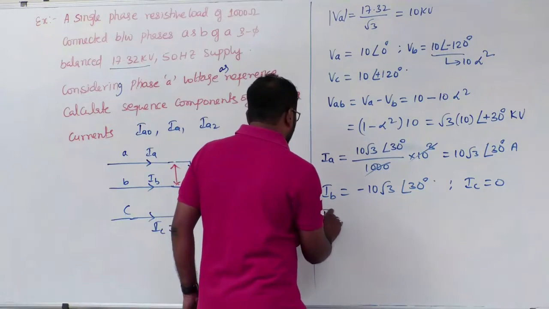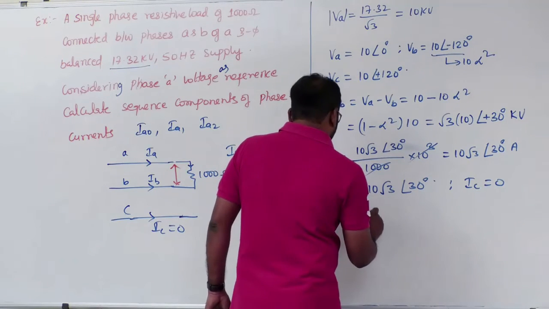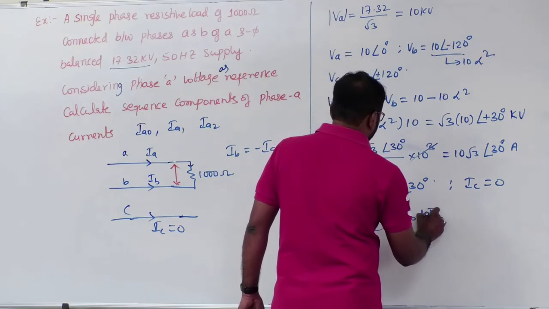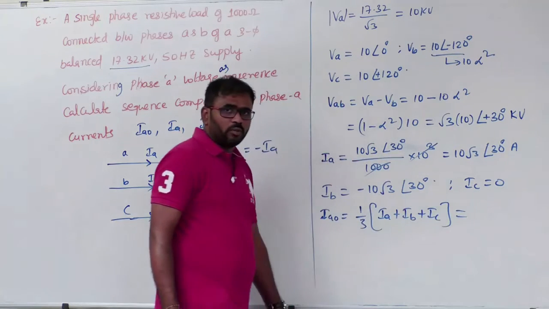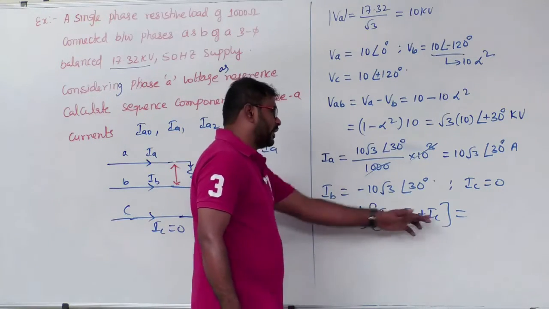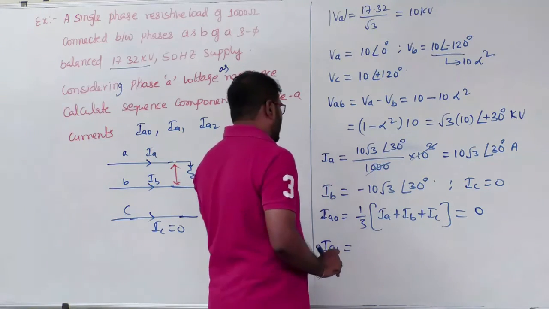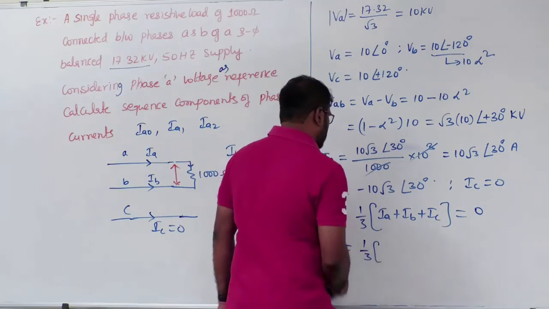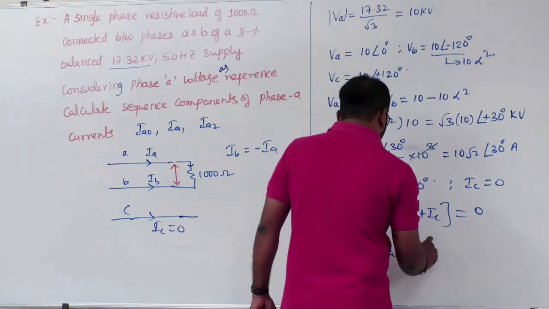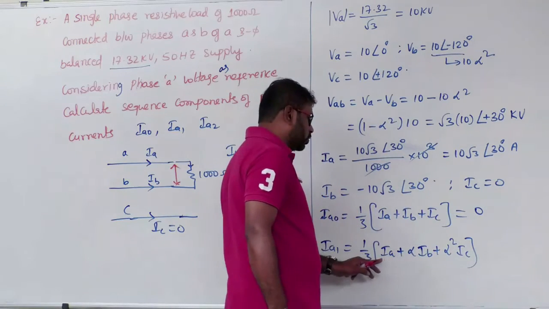So the formula for IA0 is 1 by 3 times IA plus IB plus IC. So directly I am writing the formulas, I am not writing the matrix. Please notice that. IA plus IB 0, IC 0. So IA0 is anyway 0. What about IA1? IA1 is 1 by 3 times IA plus alpha times IB plus alpha square times IC. Anyway, IC is 0, IB equal to minus IA.